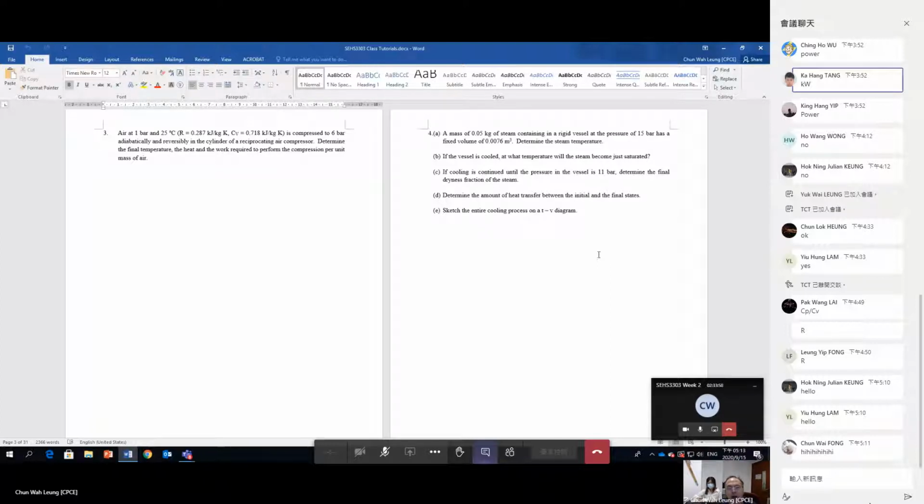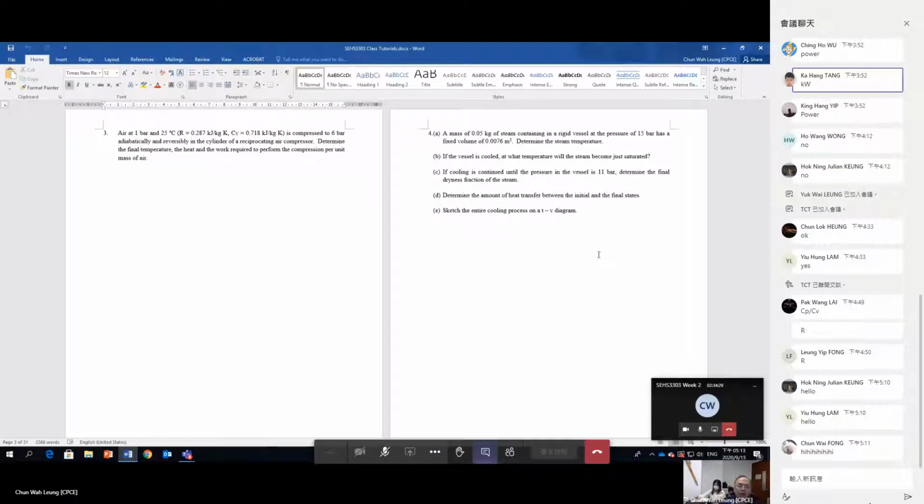Secondly, what kind of working fluid it is. We only have 2 kinds, either gas or liquid and vapor. And liquid and vapor is normally water and steam. So when we read the question, the first word already tell you that air. So therefore, no doubt, it is a perfect gas.